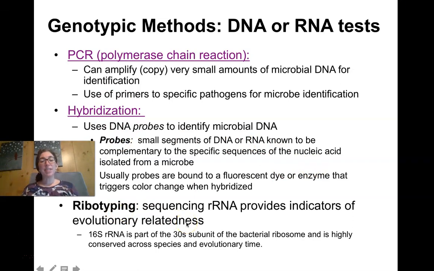Ribotyping is DNA sequencing, and it's sequencing of a specific gene for ribosomal RNA. The reason we use that gene is because it's highly conserved amongst different organisms, and so it doesn't change a lot.